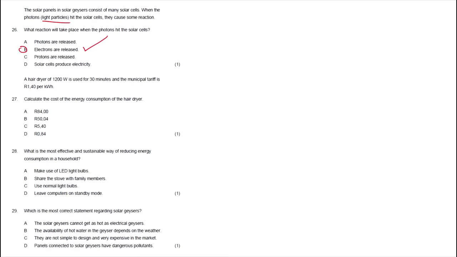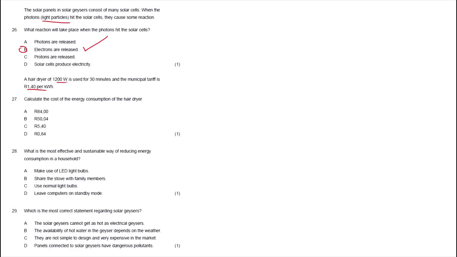Okay, and then next, we'll move to question 27, which is that a hair dryer of 1200 watts is used for 30 minutes and the municipal tariff is 1 rand 40 per kilowatt hour.